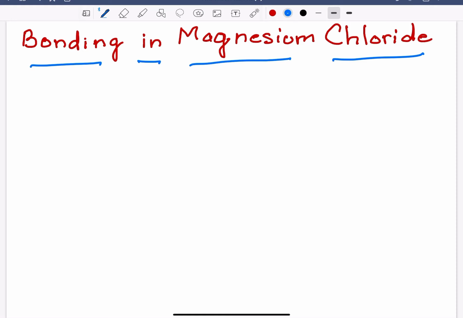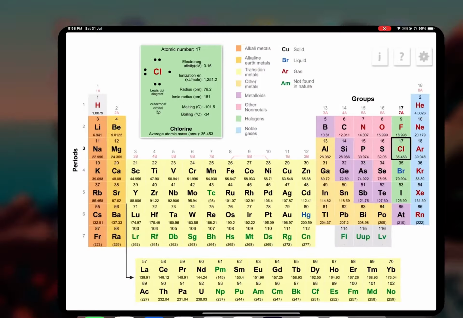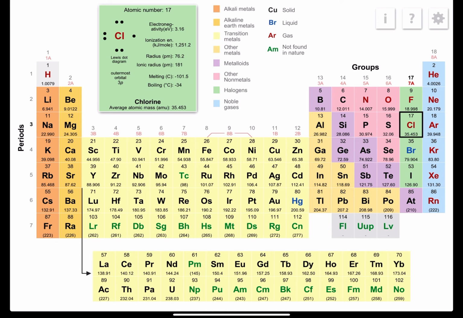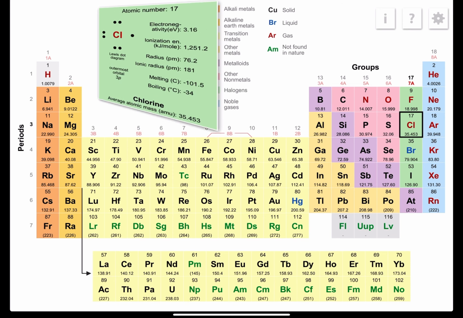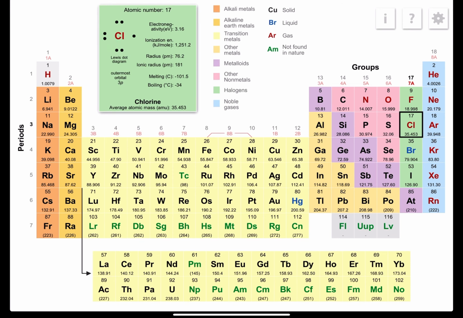Now, the next thing that we have to understand in order to show the bonding that takes place in magnesium chloride is the electronic configuration of magnesium and chlorine. Again, if we look at the periodic table, magnesium is found in group 2 and its atomic number is 12, and chlorine is found in group 17 and its atomic number is 17.